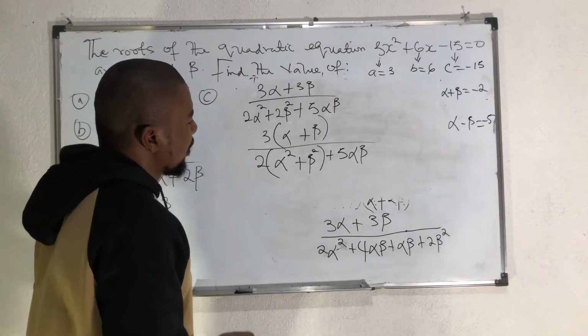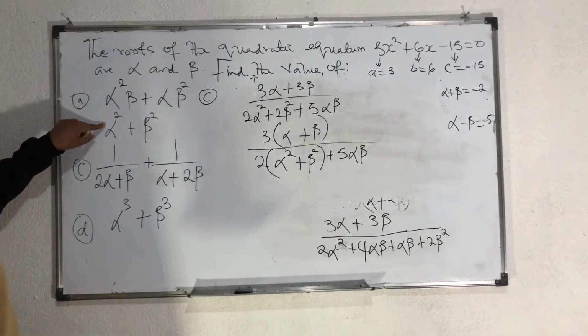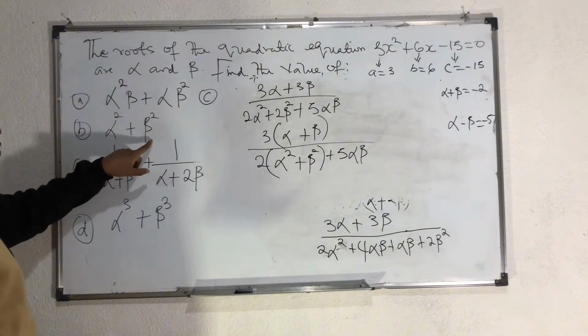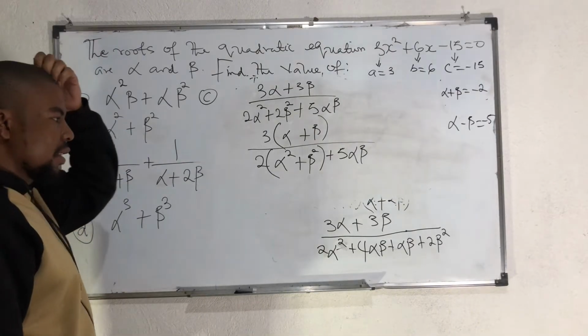Now remember that this was the second problem we solved. This alpha squared plus beta squared, we got the formula, and we solved it and we found that the answer was 14.